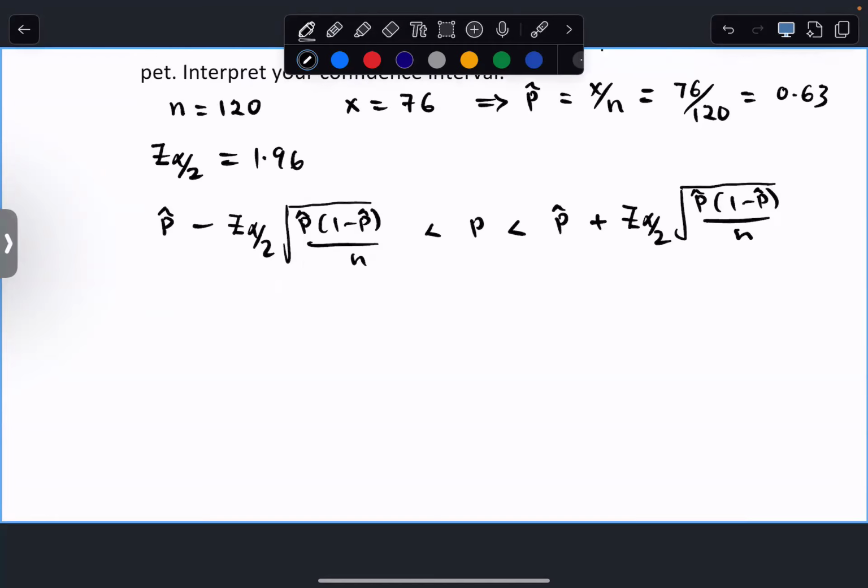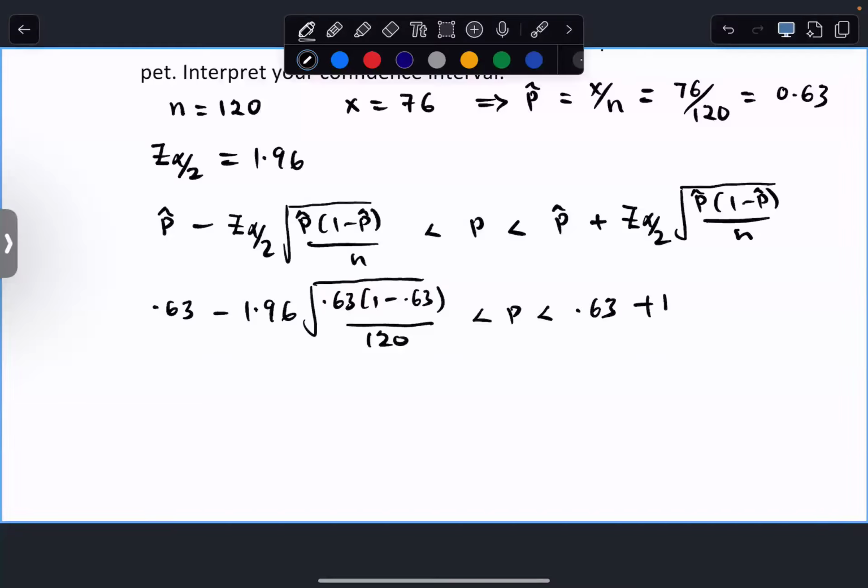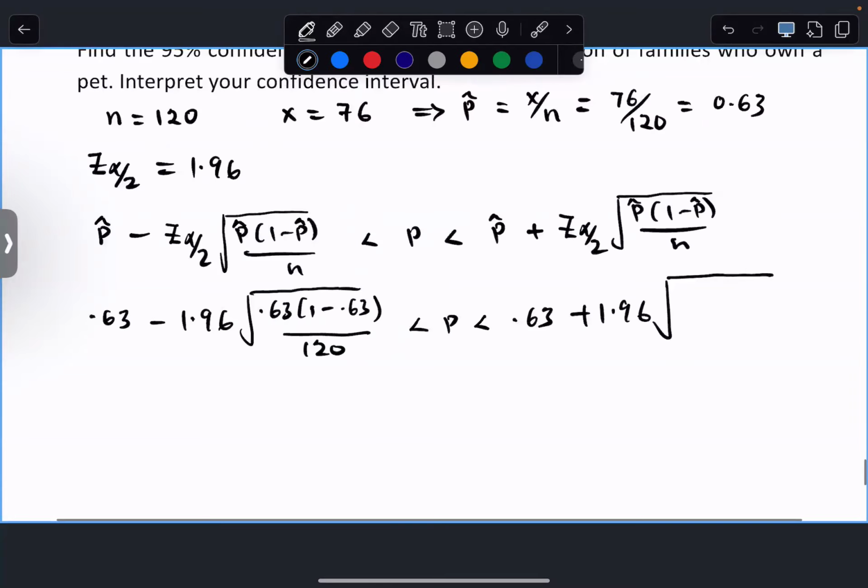So p-hat is 0.63, minus 1.96 times the square root of 0.63 times 1 minus 0.63 divided by 120, and 0.63 plus the same.